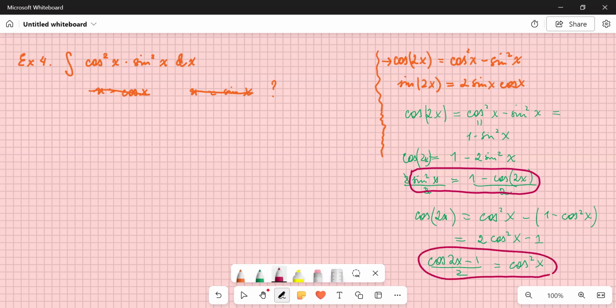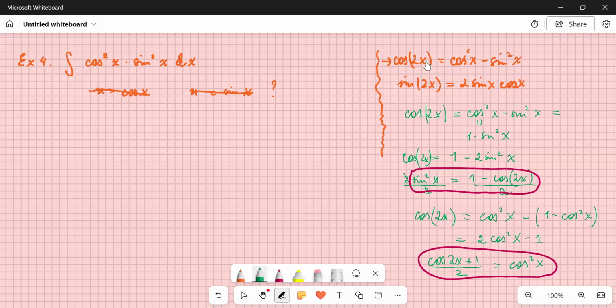Yeah, it looks like a totally different formula, but if you compare these two formulas, you're going to see sine squared, cosine squared, 1 minus cosine. Sorry, I'm supposed to put plus over here. When I was moving this 1, it's supposed to be 1 plus cosine of 2x, divided by 2.